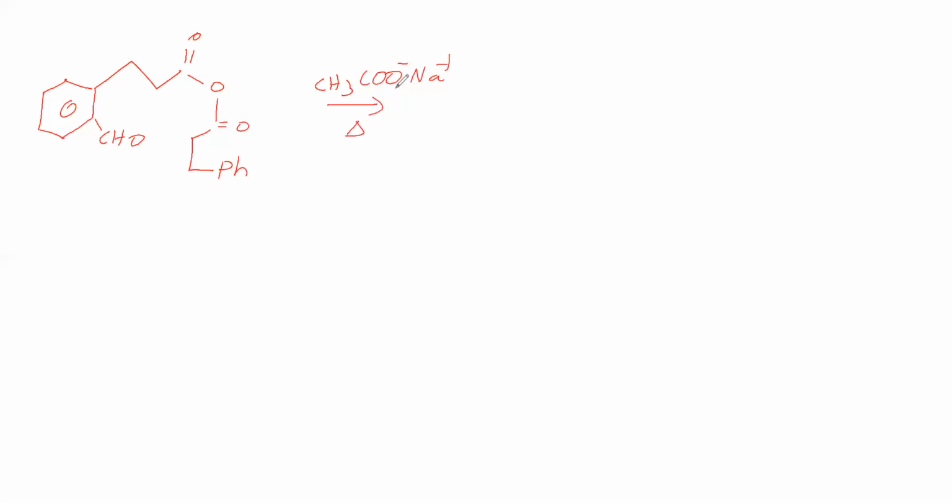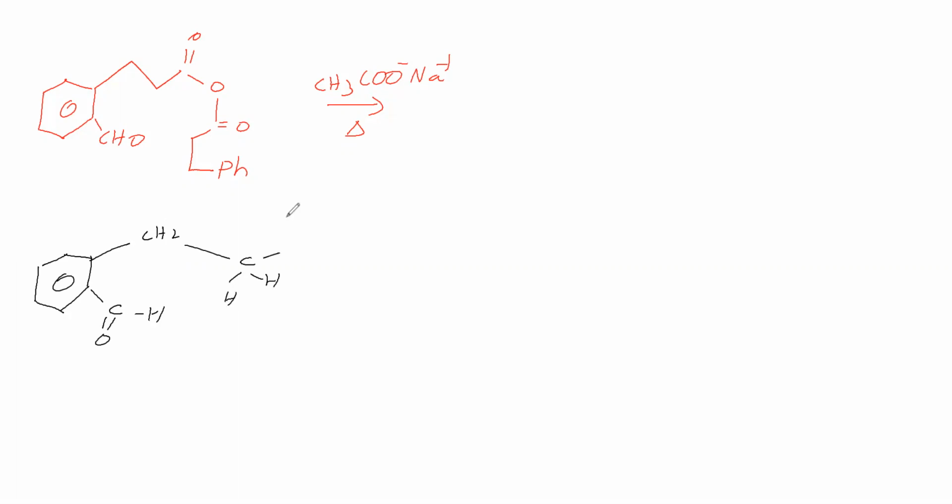So this base is abstracting a proton. Which proton will it abstract? This proton. So now we will take this phenyl ring, this CHO we will write, this is CH2, this is CH2.